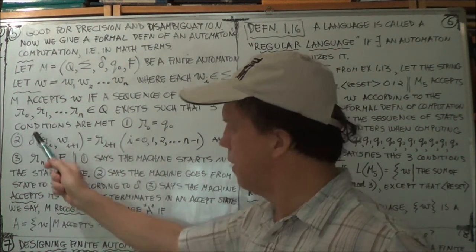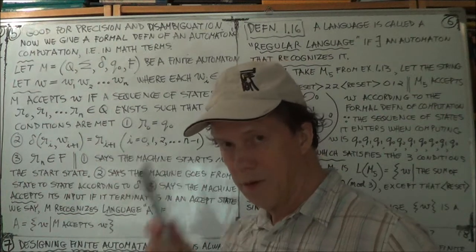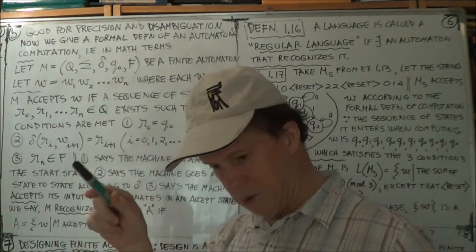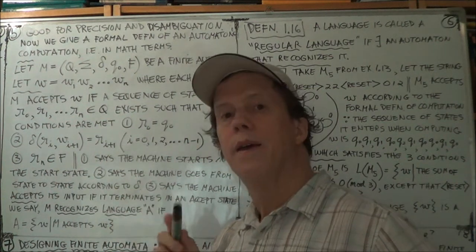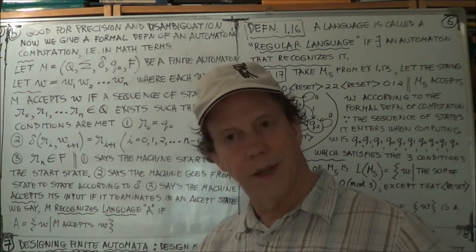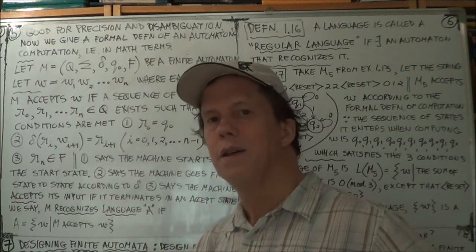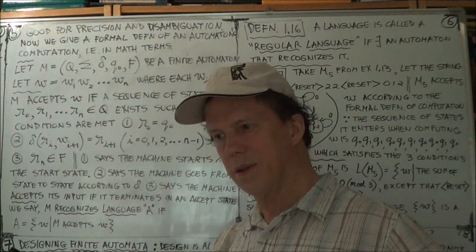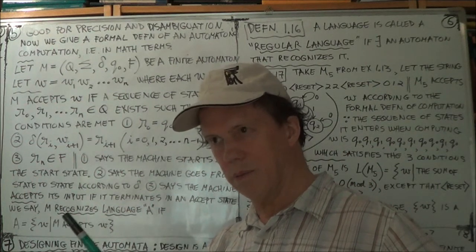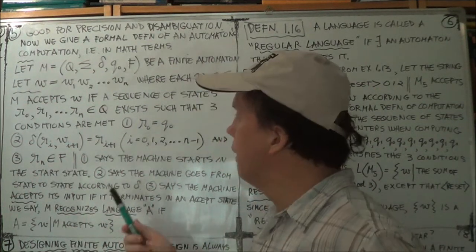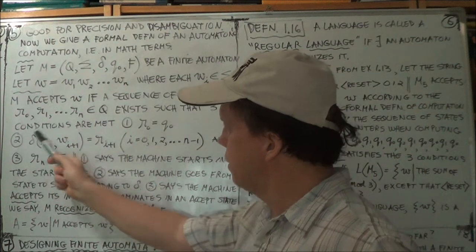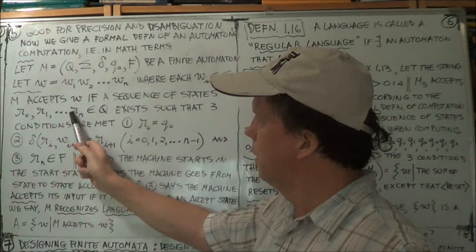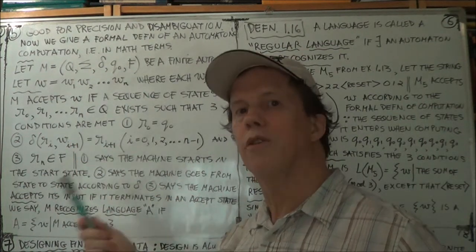So if that's what happens as it's going through, then your rules have to make that happen. And what I've just said is critical. Your delta, your transition function, your rules that decide what's the next state given the current state and the current input symbol being read, have to give you these states in the correct sequence.